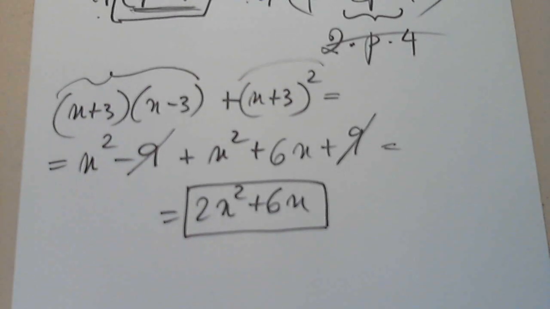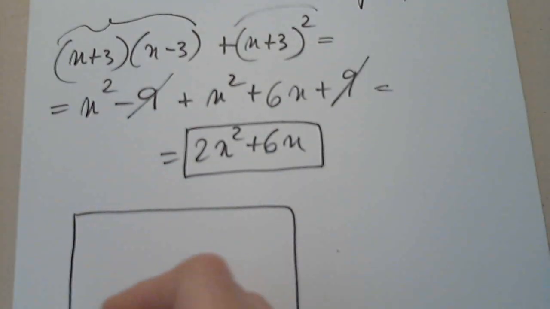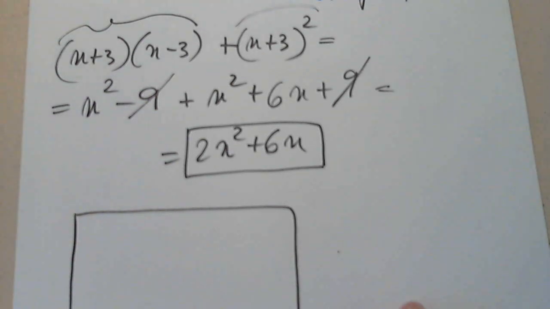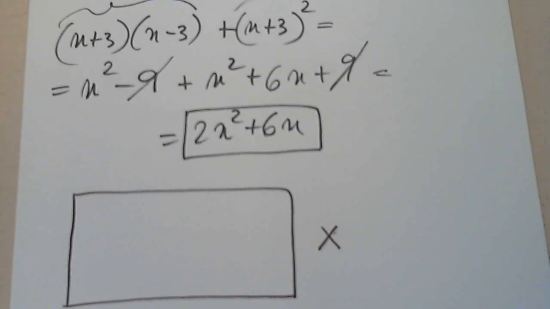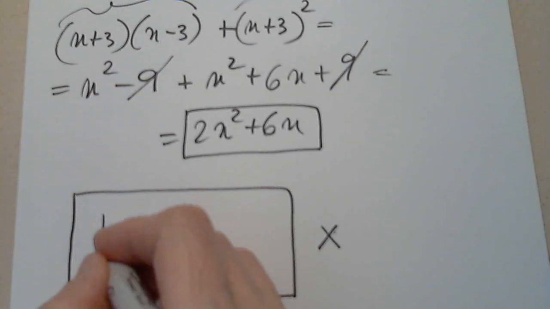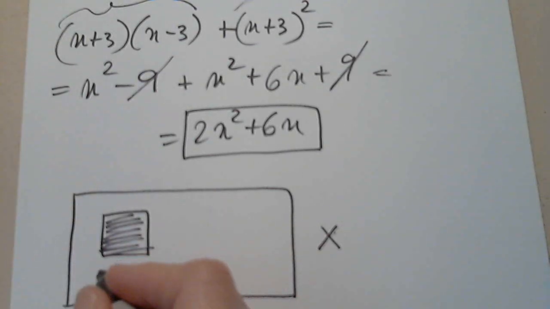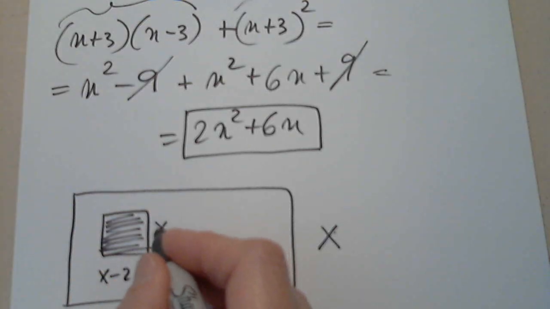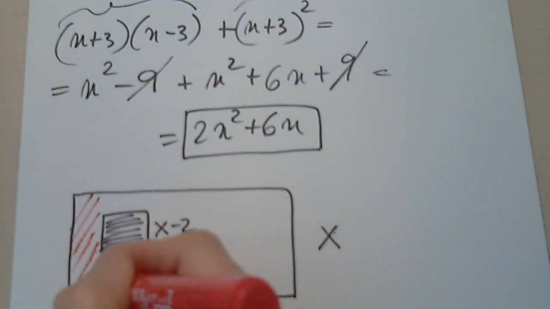One more. Let's look at a word problem. We have a rectangular figure with a length of 3x minus 1 and a width of x, that has somewhere in the middle a piece that is x minus 2 by x minus 2. What is the question here? We're asked to determine the red area.